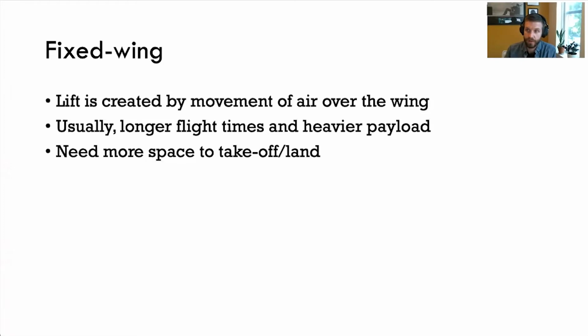So even if there's a machine failure with the motor, you can sometimes still bring them down safely for a landing. Usually, these fixed wing drones have longer flight times and are able to carry a heavier payload. But they do need more space to take off and land. You oftentimes need something more like a small runway or a large open field.